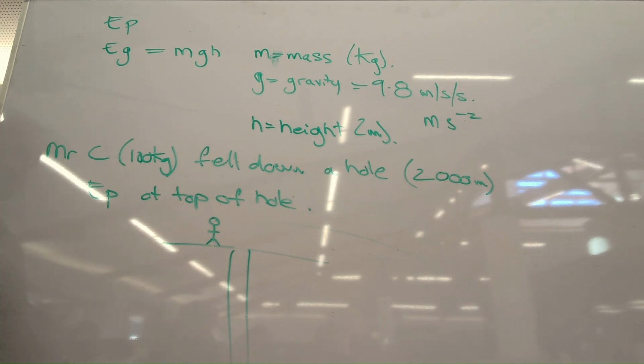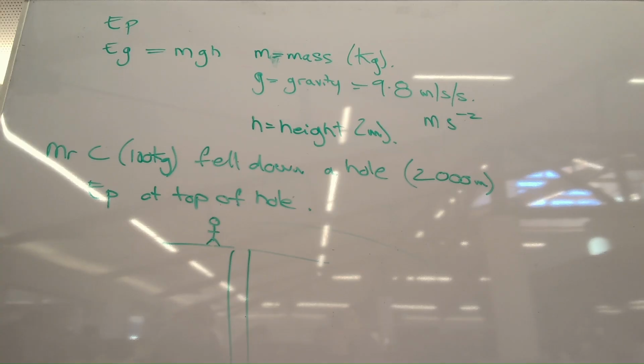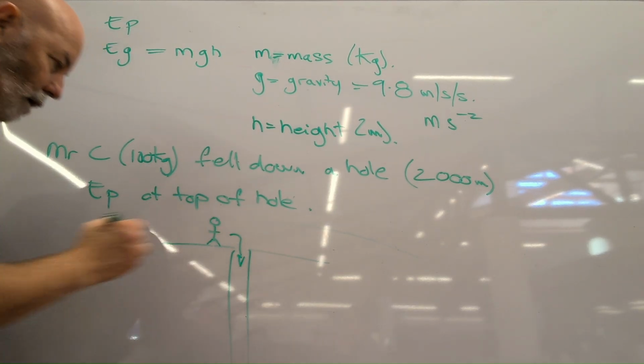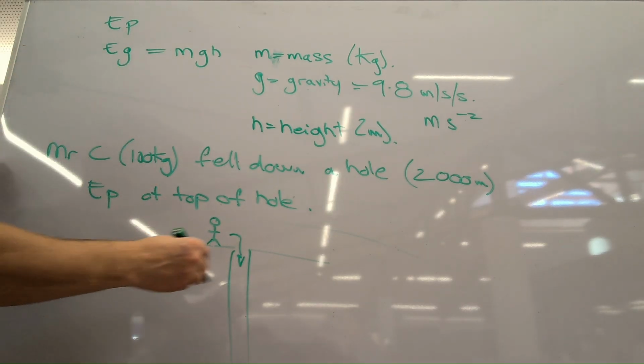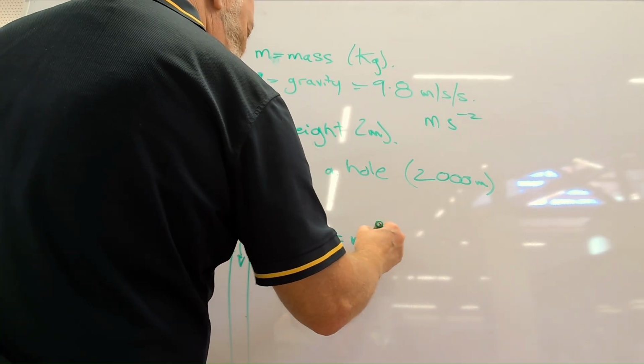Okay? So at the top of the hole, how much energy do I have stored in me because I have the ability to fall down the hole? Oh, all right. So now we go up to Eg equals mgh.